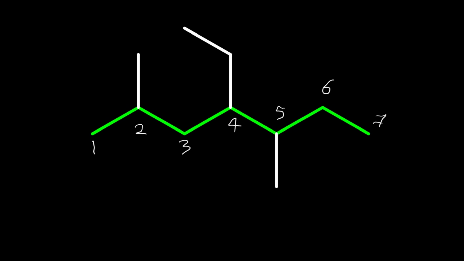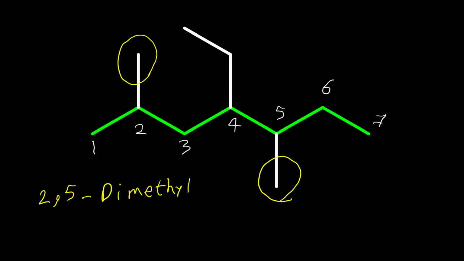For writing the name of this compound, on carbon 2 and carbon 5 we have a methyl group. So on carbons 2 and 5 we have methyl groups. Then we write dimethyl. On carbon 4 we also have an ethyl group, and between methyl and ethyl, ethyl has priority based on alphabetical order.